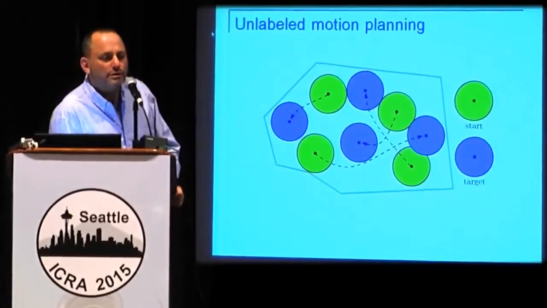I just want all the target positions to be filled. I'll actually make a few more assumptions about the problem that I'm solving. I give you M interchangeable disk robots. They are moving inside a simple polygon with n sides. Each of the M goals needs to be occupied at the end. This is the unlabeled version.